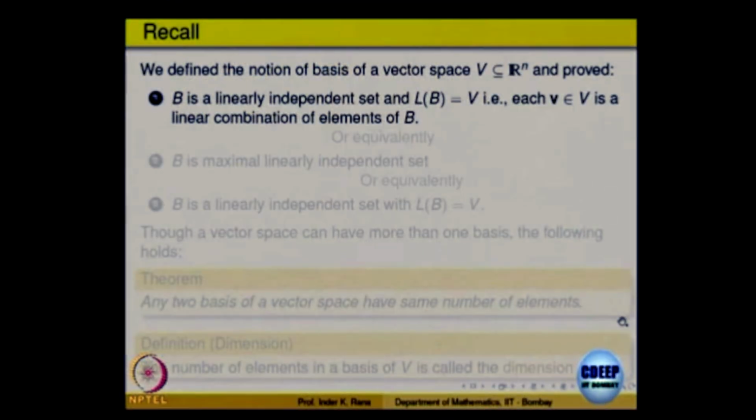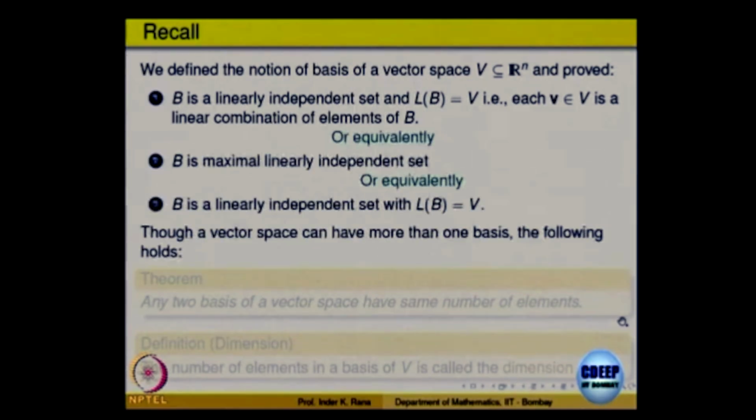So we defined the notion of a basis of a vector space V in Rn and proved the following facts about the basis. B is a linearly independent set and generates V. That means every vector in V is a linear combination of elements of B, and it is a linearly independent set. Or equivalently, B is a maximal linearly independent set.